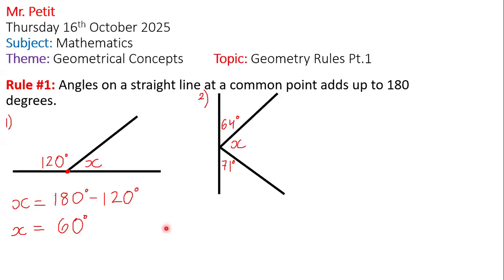So if we're trying to find what X is, all we need to do is add. So we're going to break it apart. The first thing we're going to do is add 64 degrees plus 71 degrees.